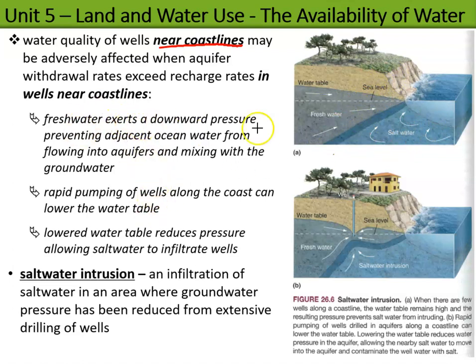So if we're looking at this from the groundwater point of view, we're looking at the interaction between the fresh water coming from the terrestrial land environment and the salt water coming from the ocean environment. You can have groundwater that is salt water, and that does happen beneath the ocean.